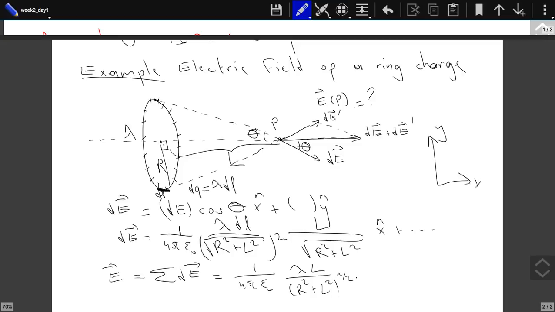Let's write the electric field. This 2 pi would cancel this one. What remains will be 2. So 1 over 2 epsilon 0 lambda L r over r squared plus L squared to the power 3 halves in the x direction. This is the electric field of a ring.